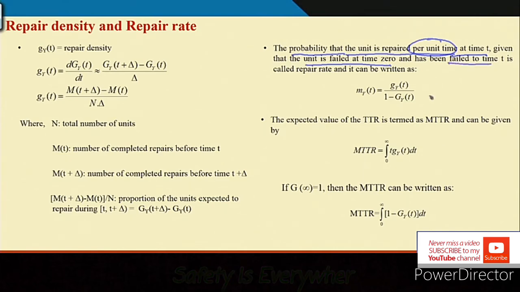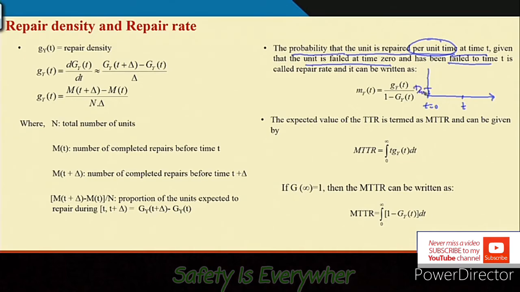Suppose this is my repair at time t equal to 0, the component fails, and this is time t equal to t. Suppose this is my down time and this is my up time, till now the component is here. Now, what we basically want is that it will be repaired instantly after time t.